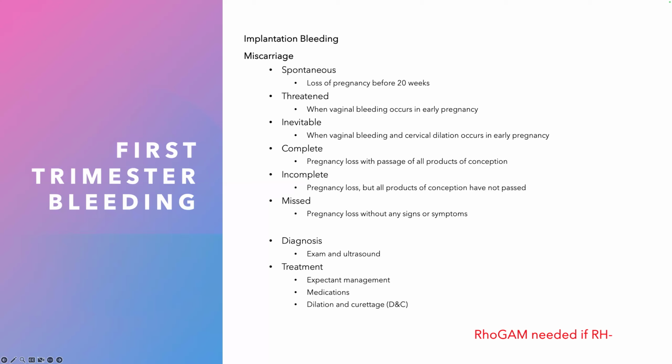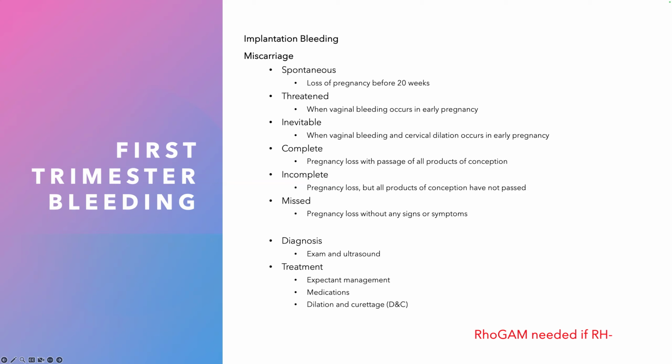So this is on its own. This is somebody who had bleeding and cramping and they had a loss. They passed the pregnancy, okay? So this is a loss of pregnancy before 20 weeks. It's a spontaneous abortion. A threatened abortion is when somebody has vaginal bleeding before 20 weeks and they're at risk for loss.